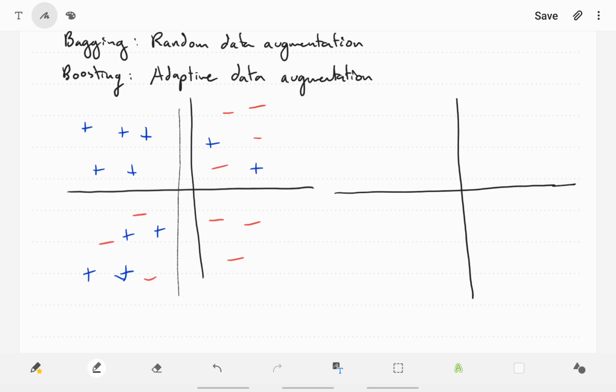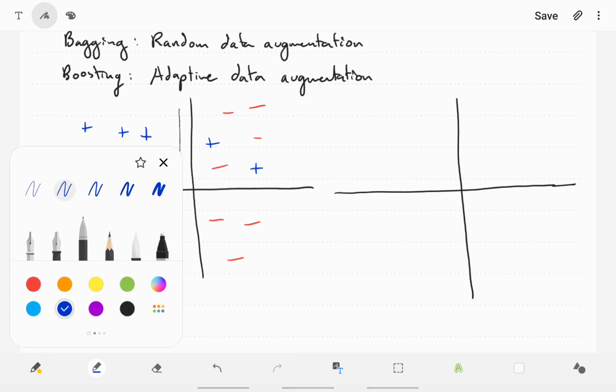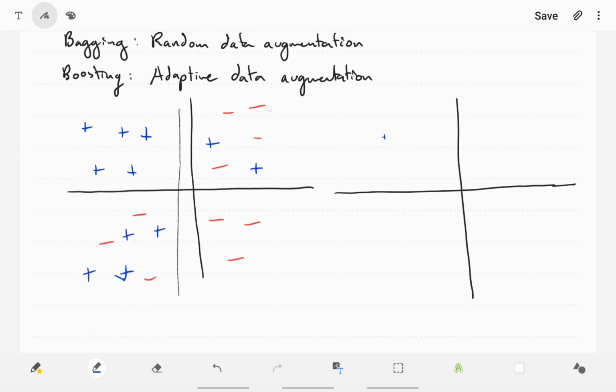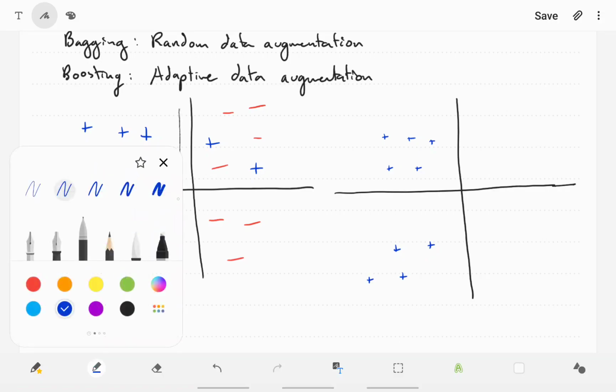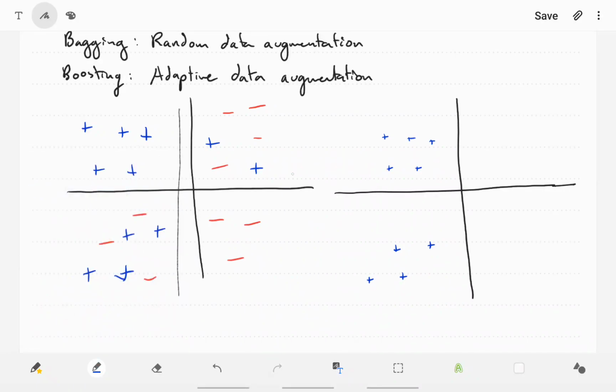So at the next stage, all of the correctly classified points are downweighted, and these are correctly classified as well. And then the incorrectly classified ones are going to be upweighted.